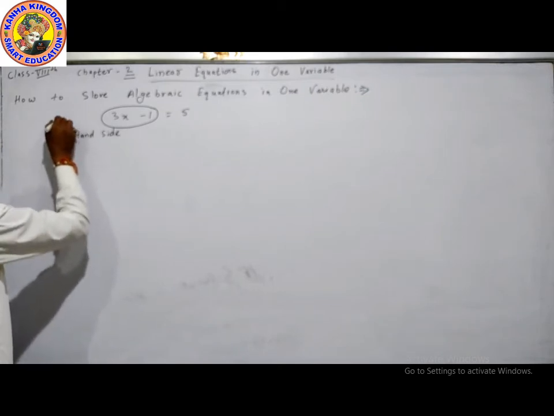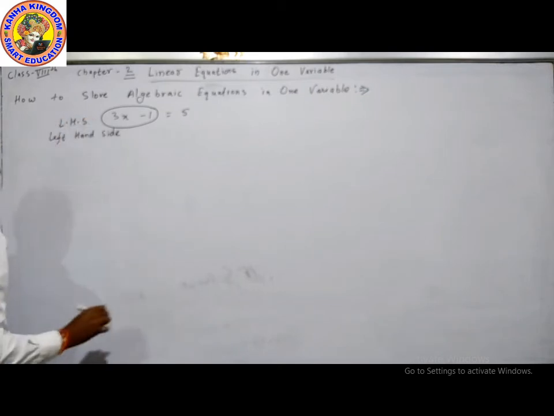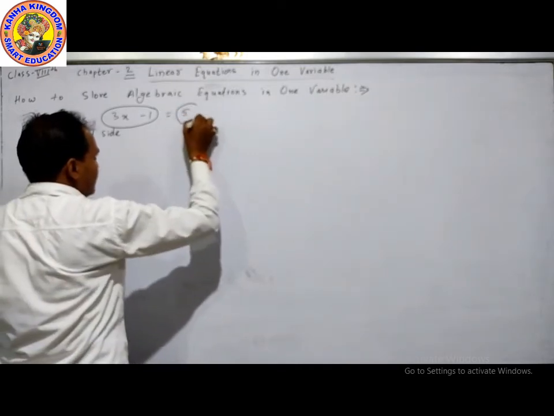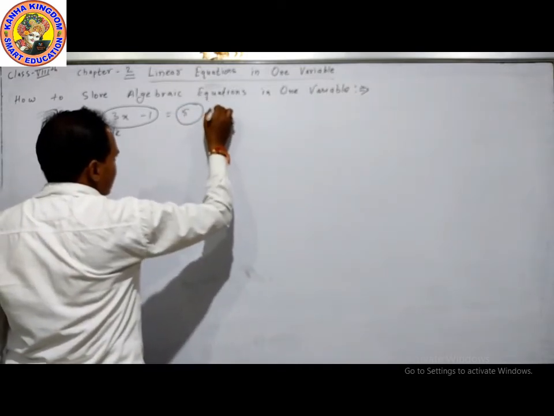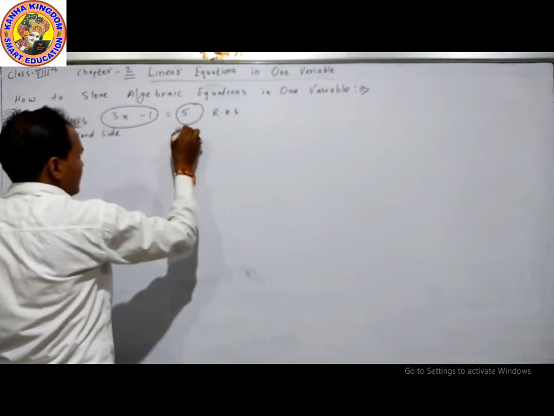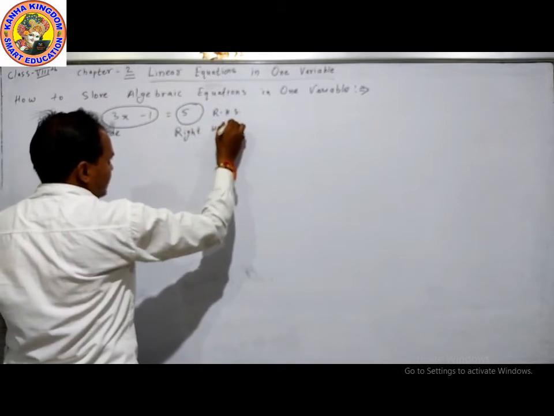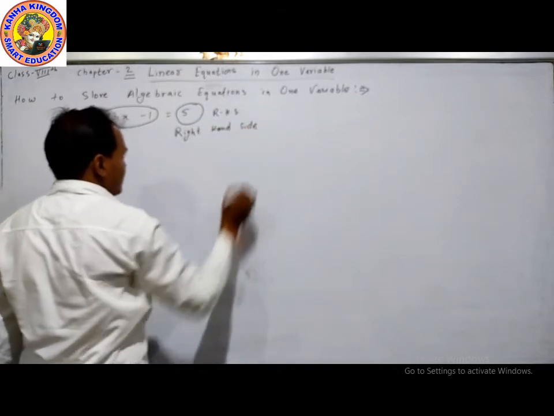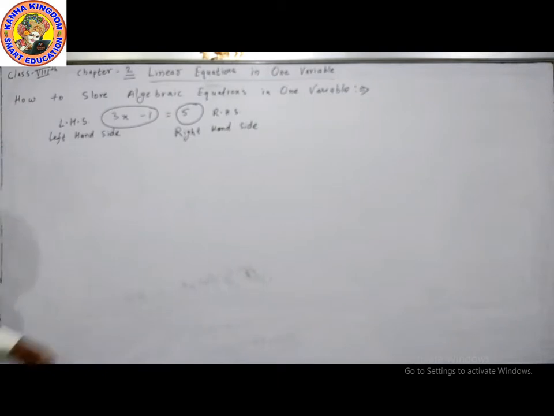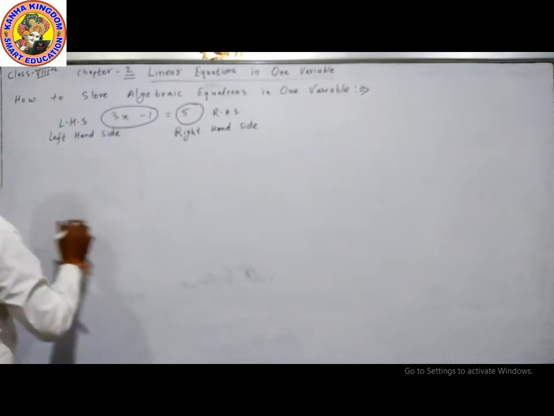In short terms, we use LHS, and this side is called RHS, right hand side. This is a balancing equation in the value of x.